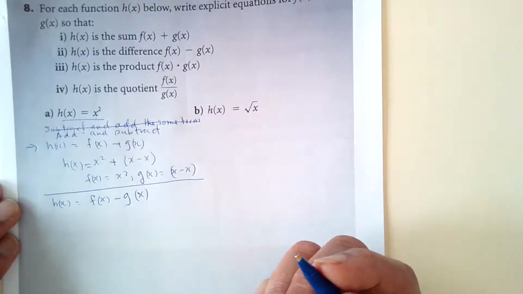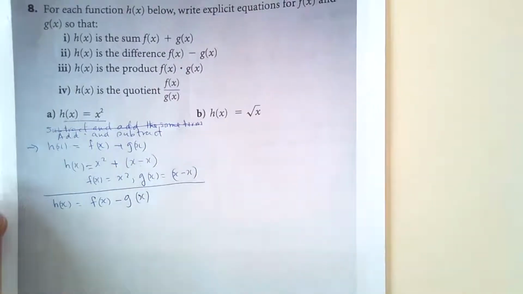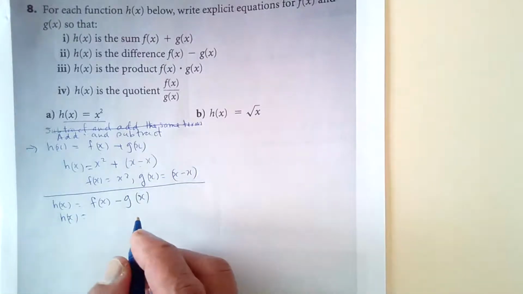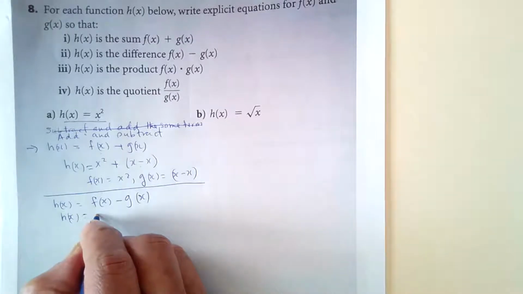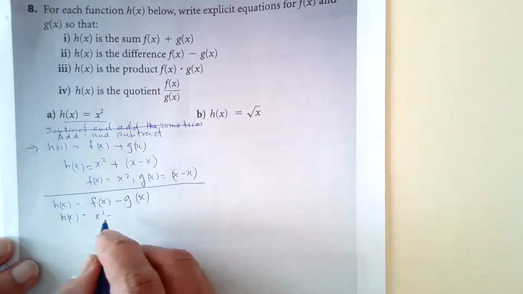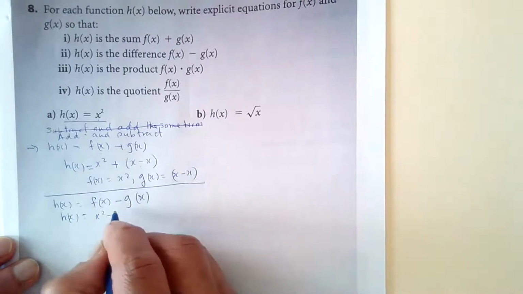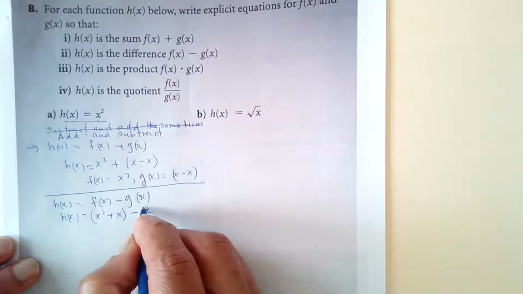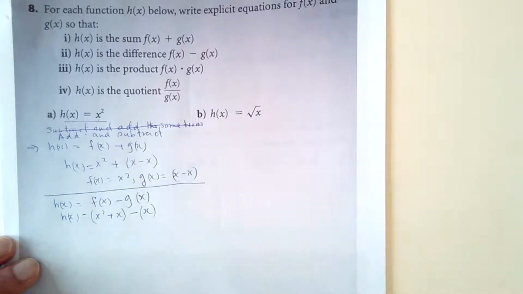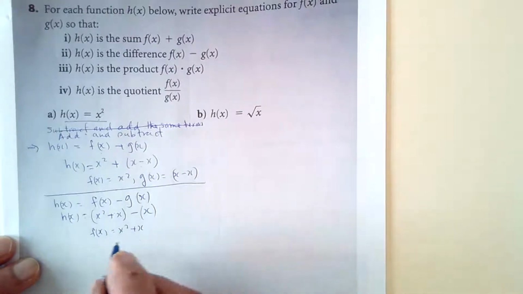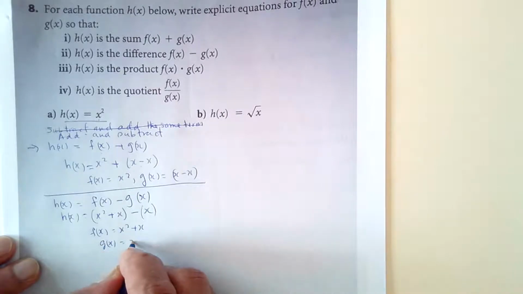In this case, we can make f of x as x squared plus x, and g of x is equal to x.